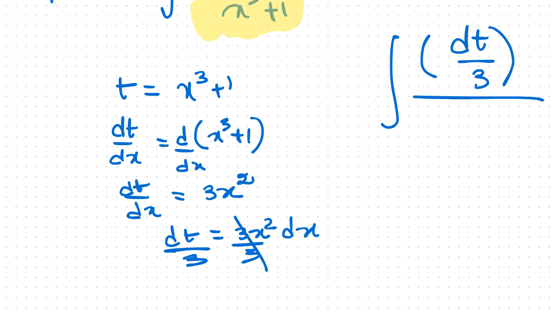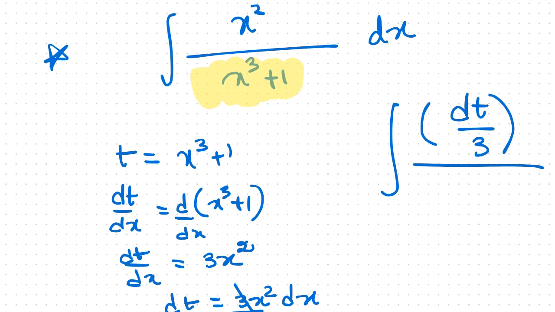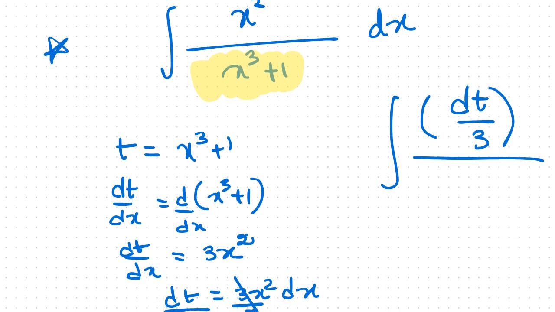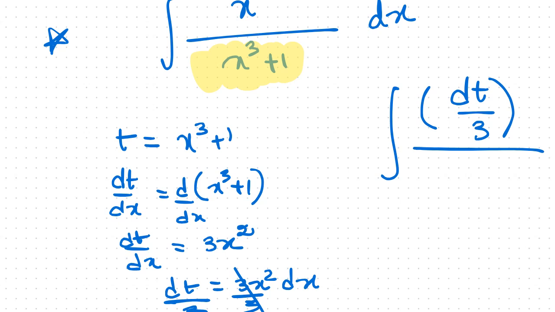Divided by what? 3. Oh, divided by dx. See, the dx story is over already. Now the thing which is left is x cube plus 1.